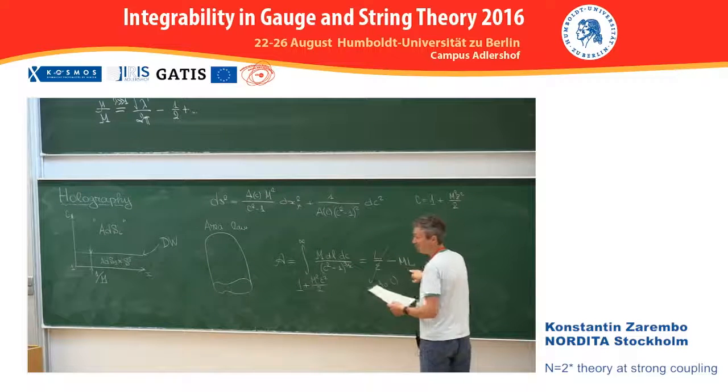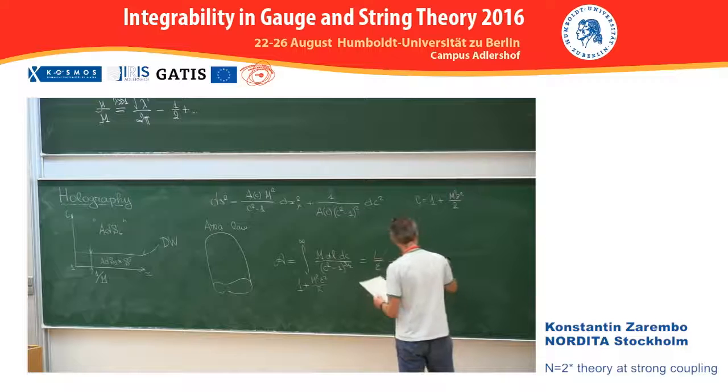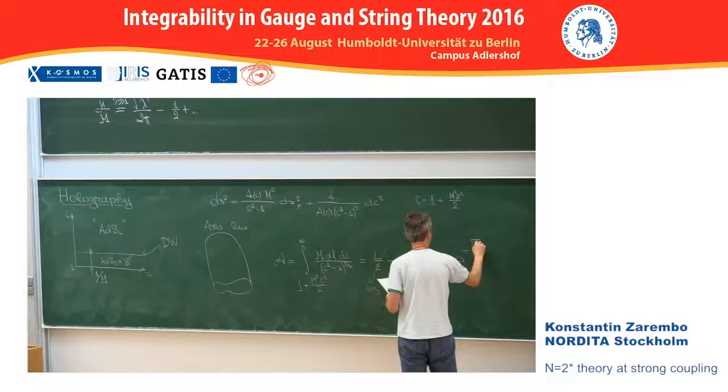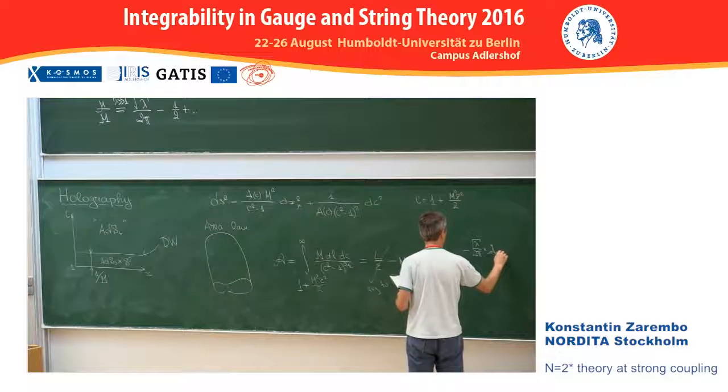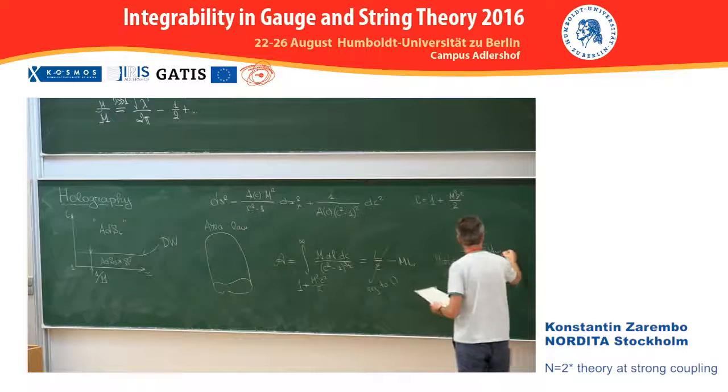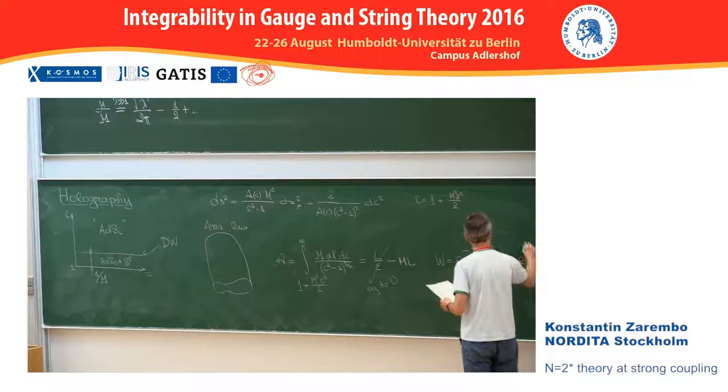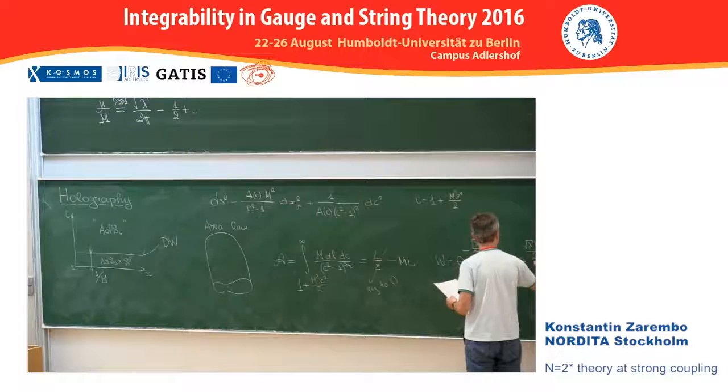And the rest should be substituted into the exponent of the Wilson loop, which is minus square root lambda over 2 pi times the regularized area. And so altogether this gives e to the square root lambda m L divided by 2 pi.